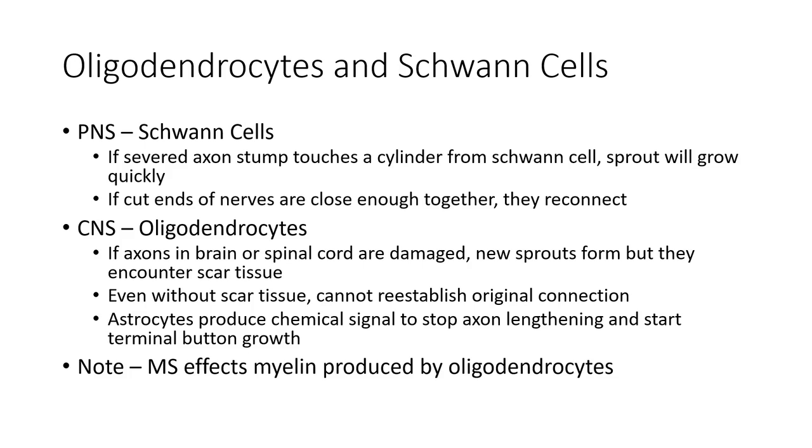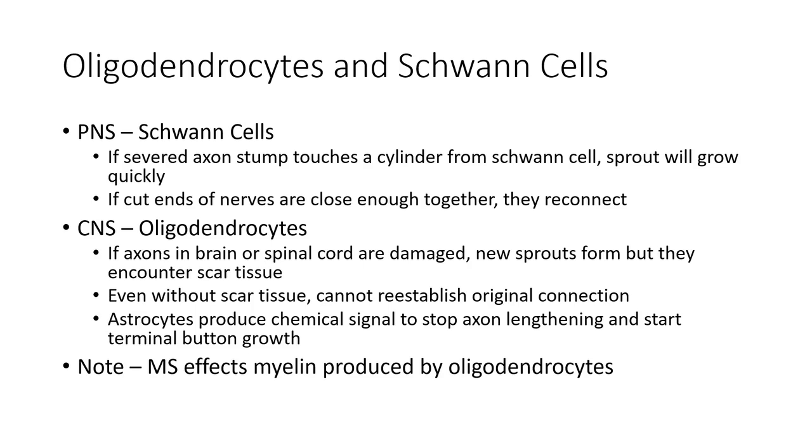But if those axons aren't long enough to make connections or are broken off, this really doesn't serve any functional purpose. So the point here is that damage in the PNS can be repaired. Damage in the CNS cannot be put back together the way that it was. So damage in the brain or spinal cord area is much more serious.